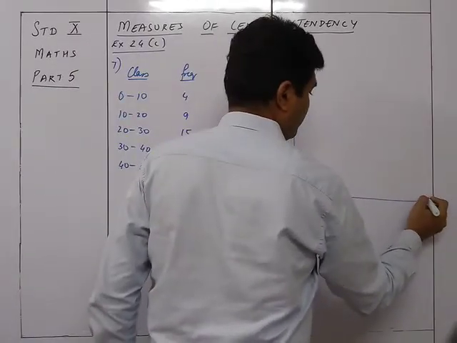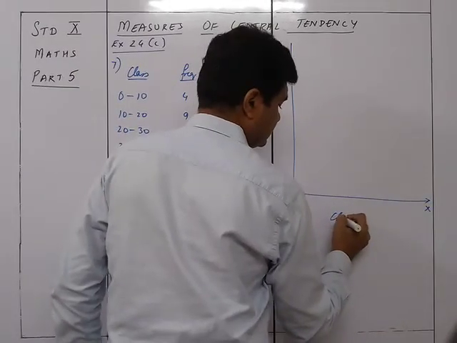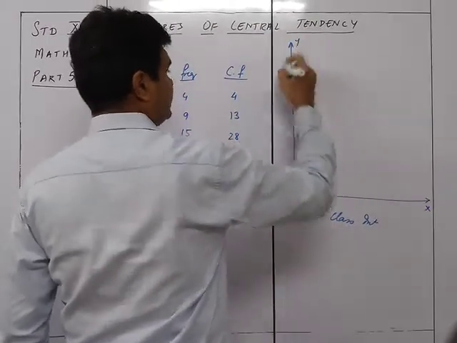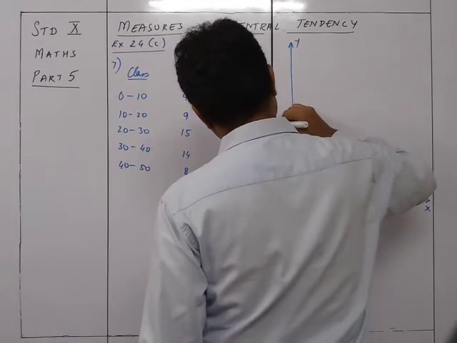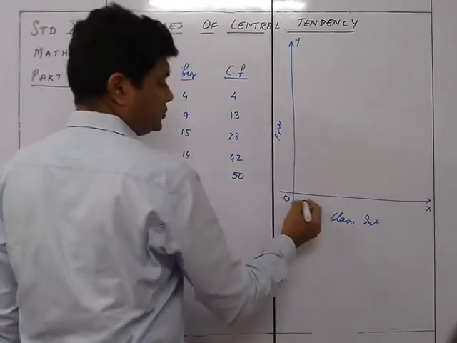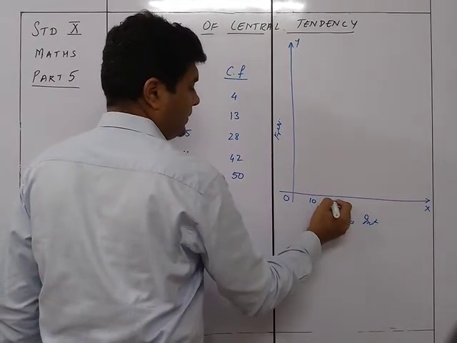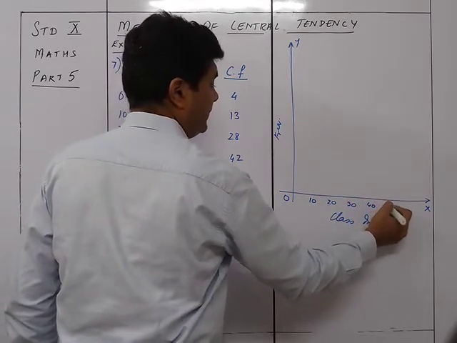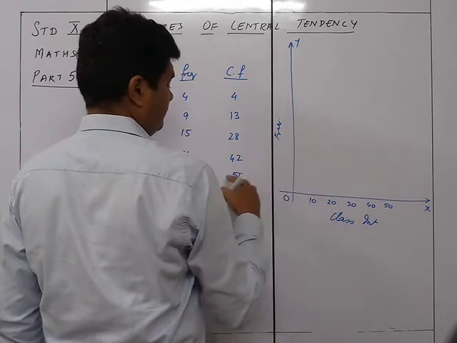So you plot the graph over here, x-axis, class interval. You take the y-axis as the frequency. Okay. So we have 10, 20, 30, 40, 50 here, and here it will be 50 also.